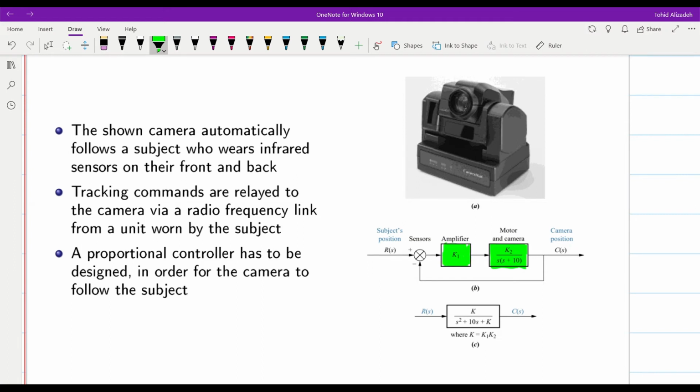Now, for this system, we can find out the closed loop transfer function. It is quite simple. It will be in the form of K over S squared plus 10S plus K, where K is equal to K1 times K2. You just need to apply the feedback rule that you know.